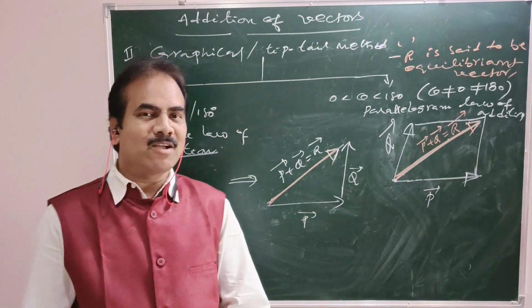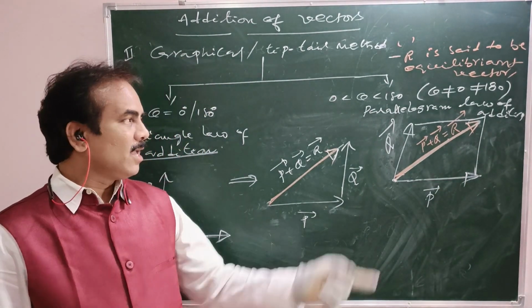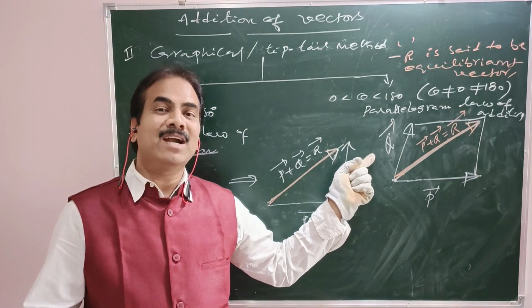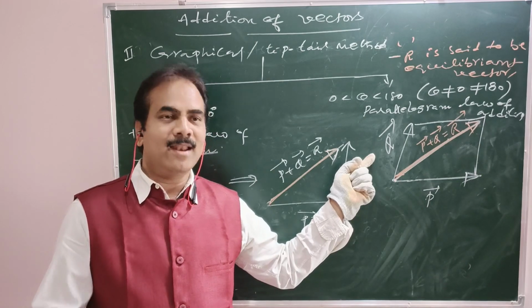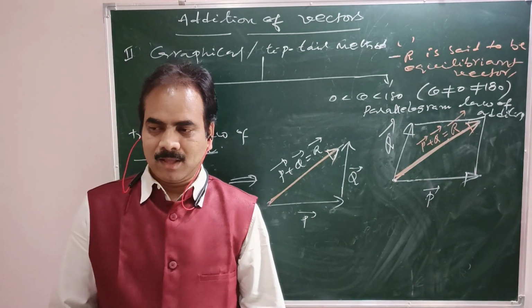By the name itself, polygon means many sides. If the given vectors to be added are more than two vectors, then one can employ the polygon law of addition. Am I right?